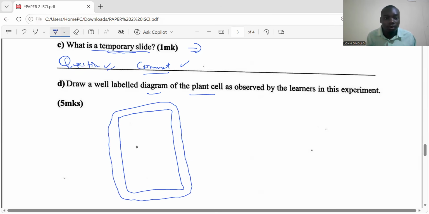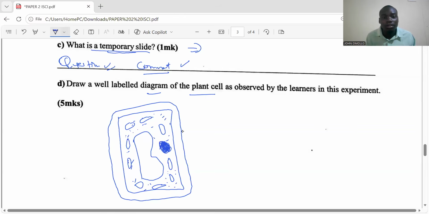A plant cell has those two, with nucleus here. So this is typically a plant cell.